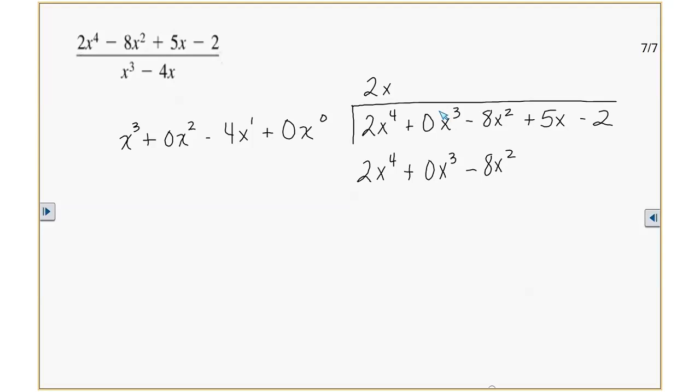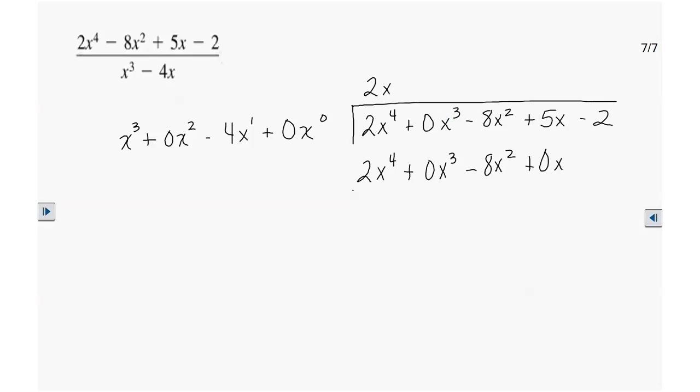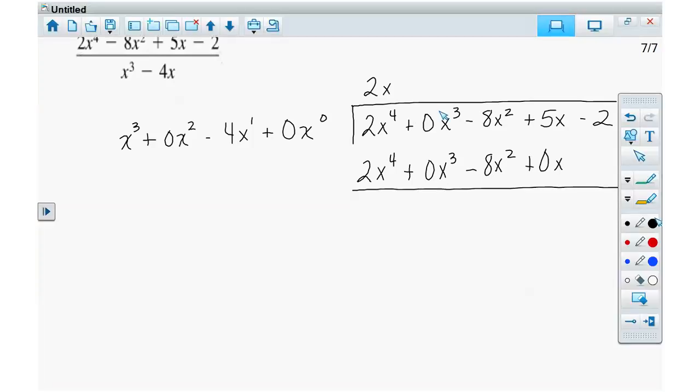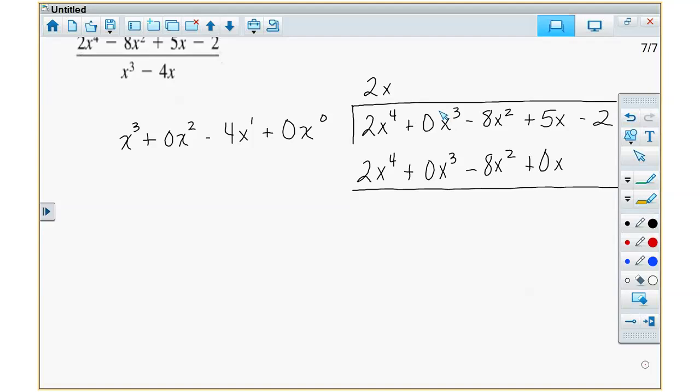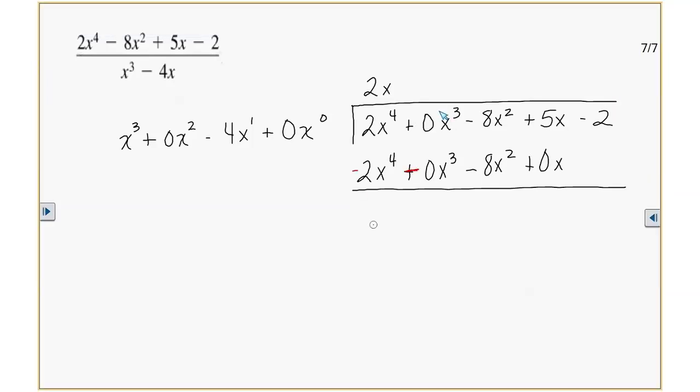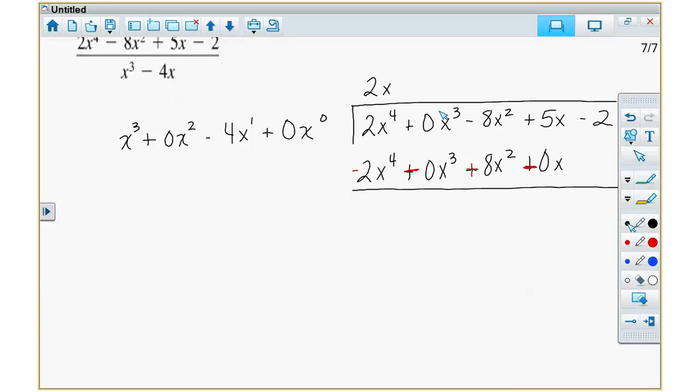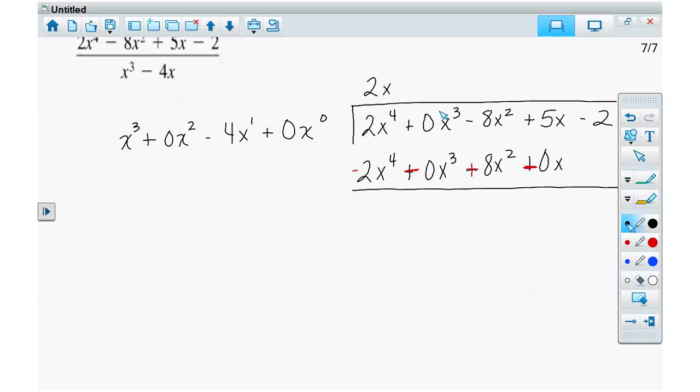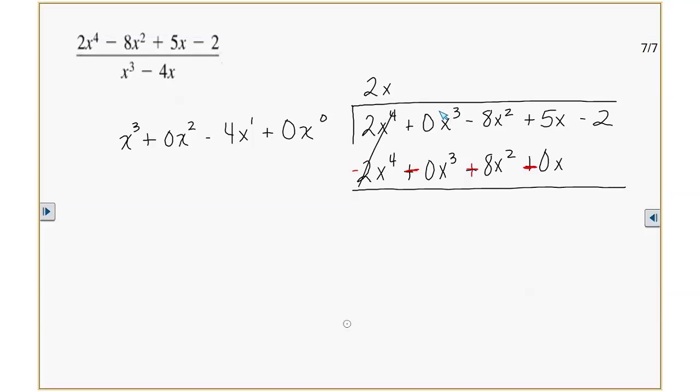And 2 times 0 is 0x to the first. What do we always do in division at this point? You always subtract. So that's going to turn this into a negative, this into a negative, this into a positive, and this into a negative. First column always supposed to what? Cancel out.